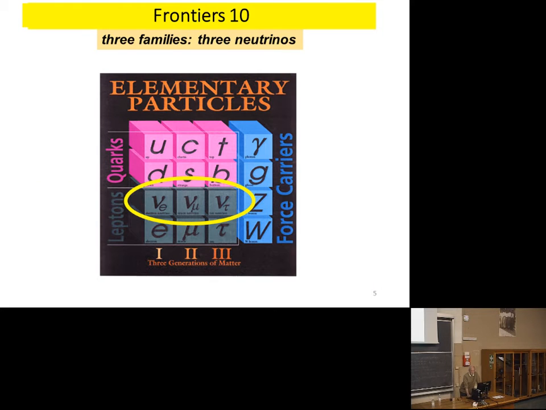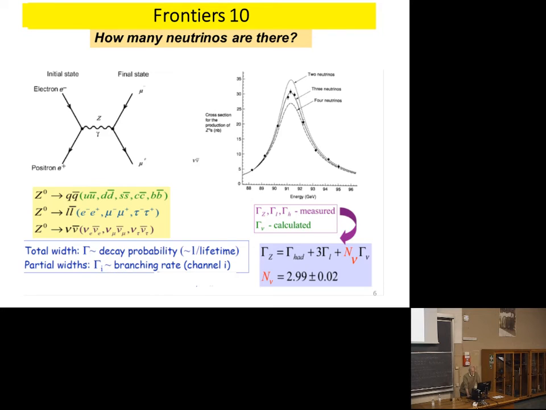That is, these 3 neutrinos, not more, because we measure this reaction here, the reaction of creating the so-called Z boson that's responsible for the weak interaction. And it has a certain width in nature. The width comes about by the possible ways it can decay.